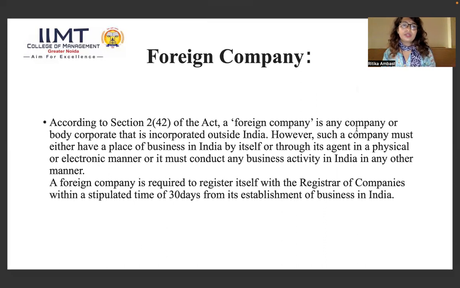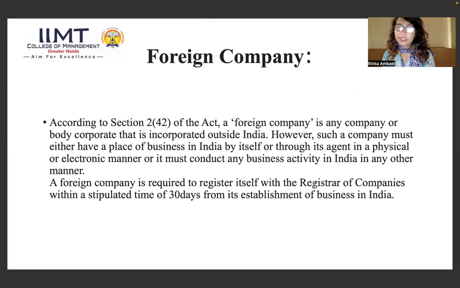Next is a foreign company. According to subsection 42 of section 2 of the Act, a foreign company is any company or body corporate that is incorporated outside India. However, such a company must either have a place of business in India by itself or through its agent in a physical or electronic manner, or it must conduct any business activity in India in any other manner.